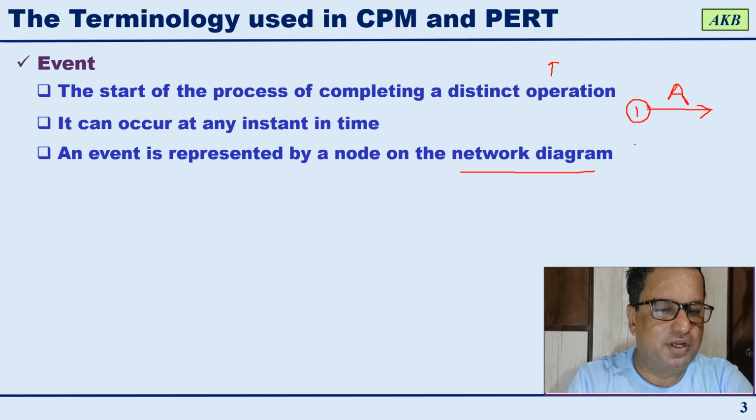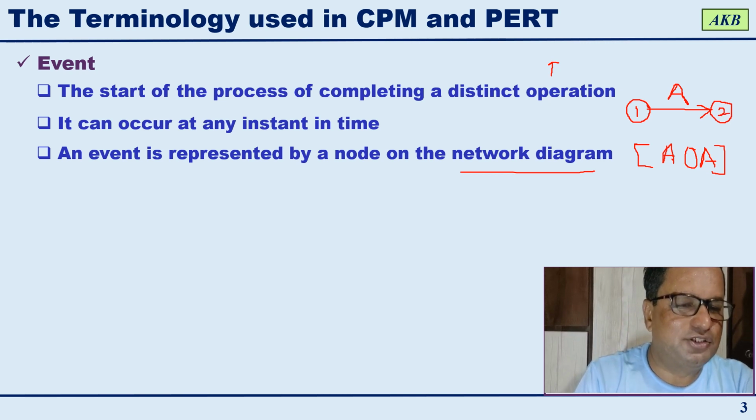So an event is represented by a node on the network diagram. Which type of network diagram are we talking about? We are talking about the activity on arrow type of network diagram, the AOA diagram. So on the AOA diagram, an event will be represented by a node. In this example, event 1 will represent the start event for activity A. And once activity A gets completed, we will have the end event for activity A, let us say it is 2.